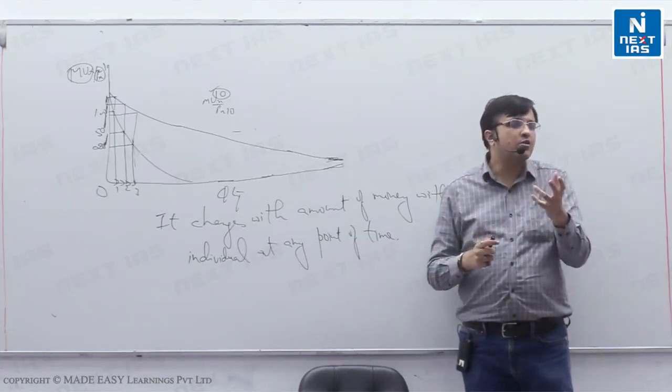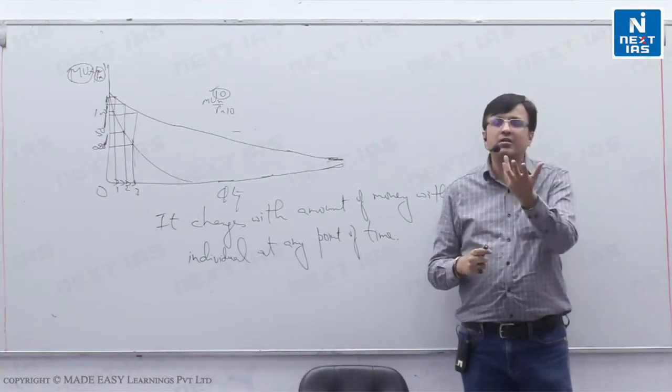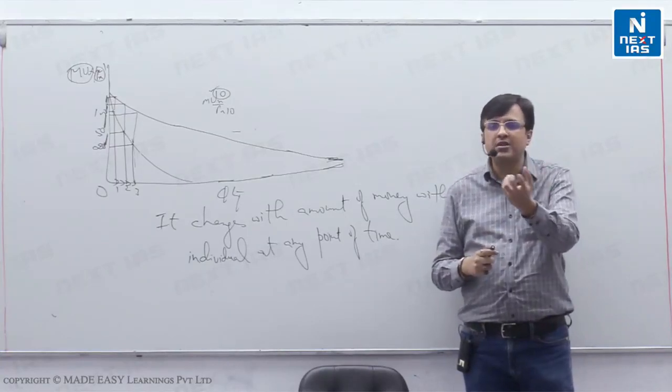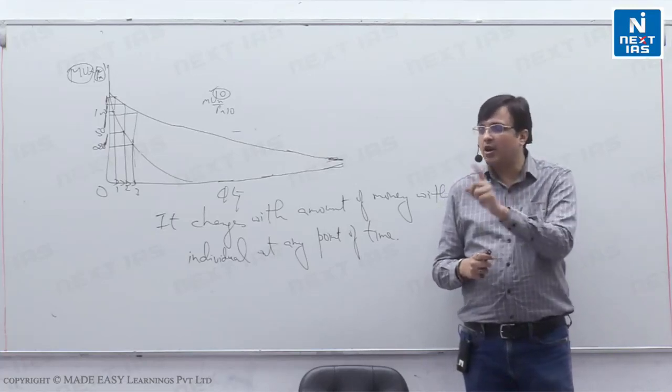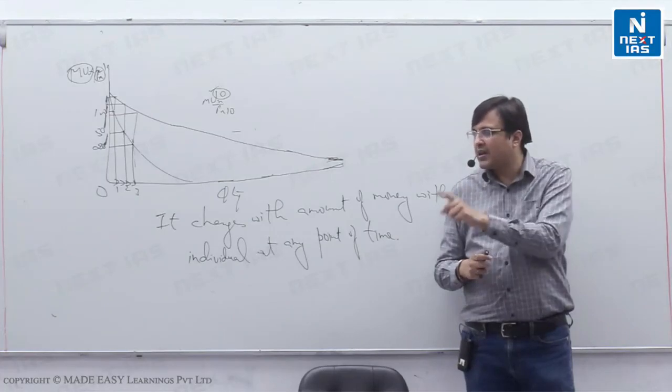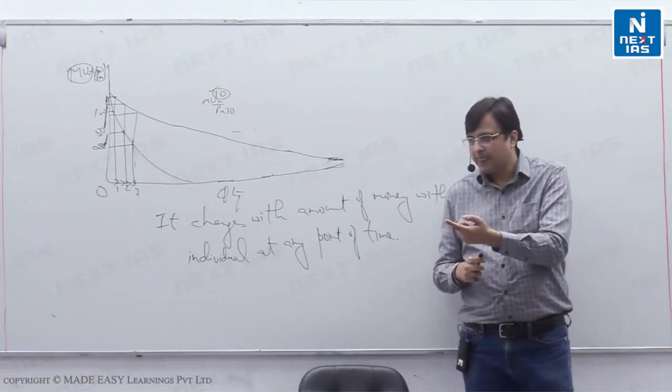Why? Because according to Marshall, the whole idea of law of demand was based on law of diminishing marginal utility. So whichever product did not satisfy law of diminishing marginal utility could not satisfy the law of demand for Marshall. All right.